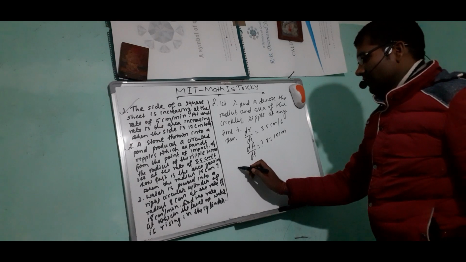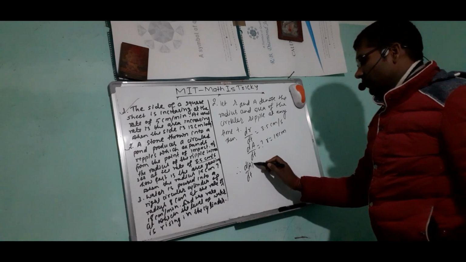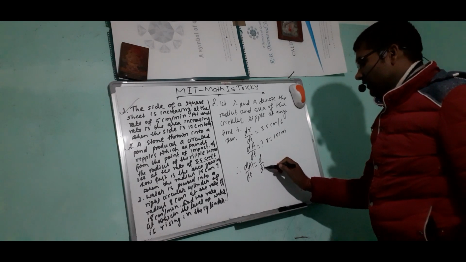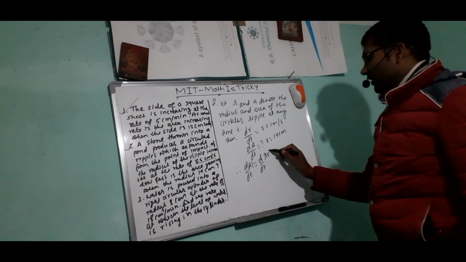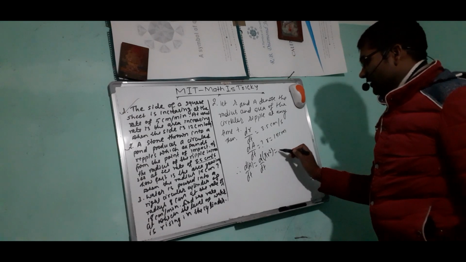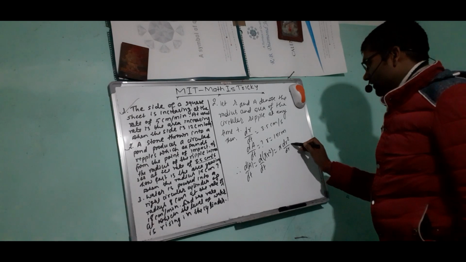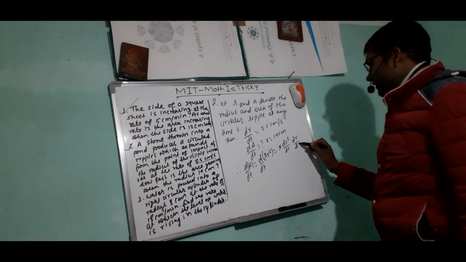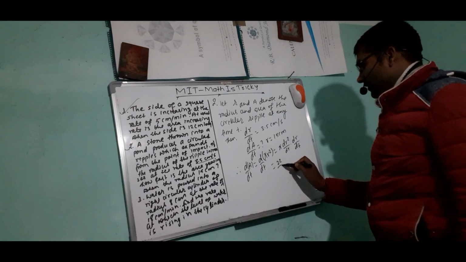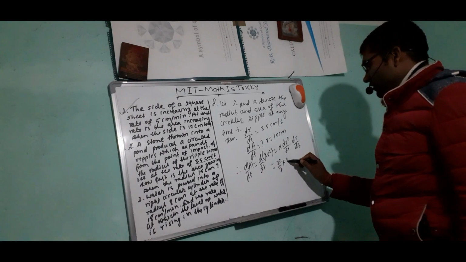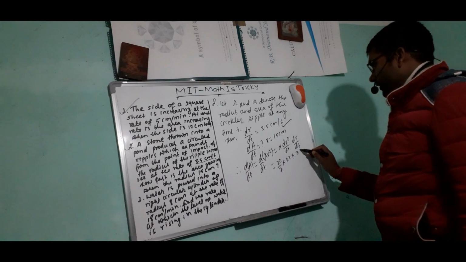As before, we can write dA by dt equals d by dt of the area of a circle, which is pi r square. Pi is constant, so it stays outside. Now dr square by dr, let's use the chain rule, and then dr by dt. Pi we can simply write as 22 by 7. The derivative of r square is 2r. dr by dt is given as 3.5.